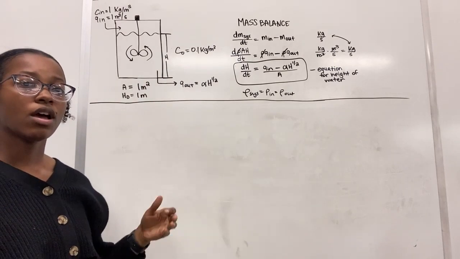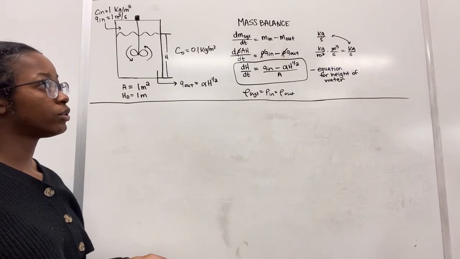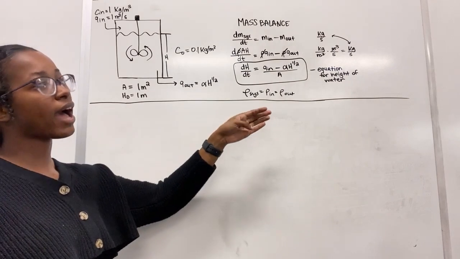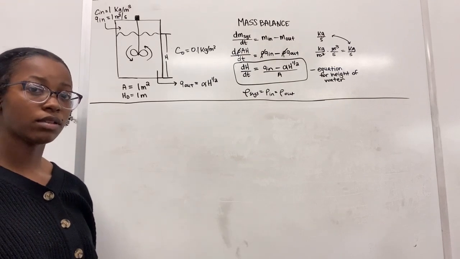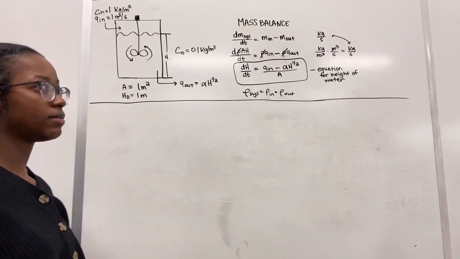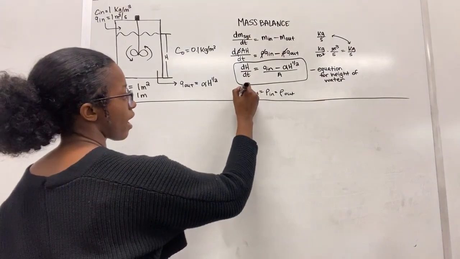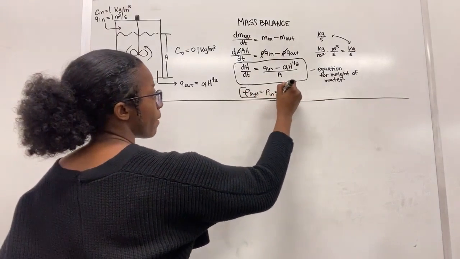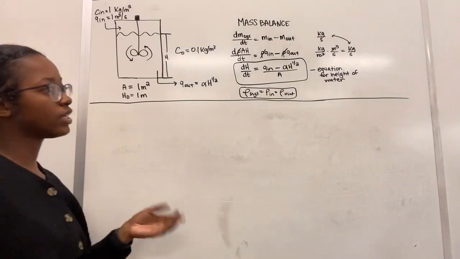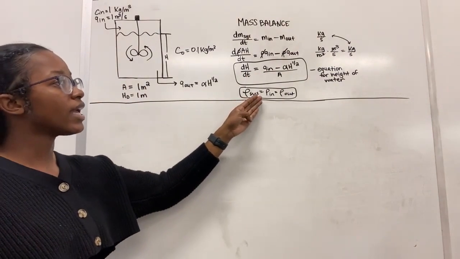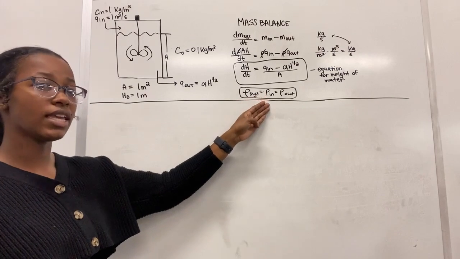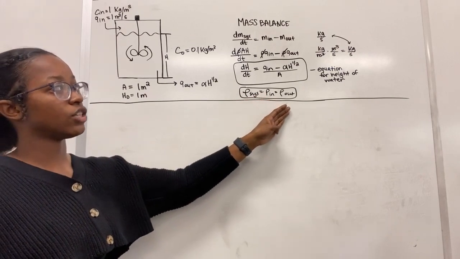And so we are actually able to keep the equation for the height of the water that we got from part 1 of this problem. The reason that we can do that is because I have labeled here the assumption that the density of the system is equal to the density coming in, that is equal to the density going out.